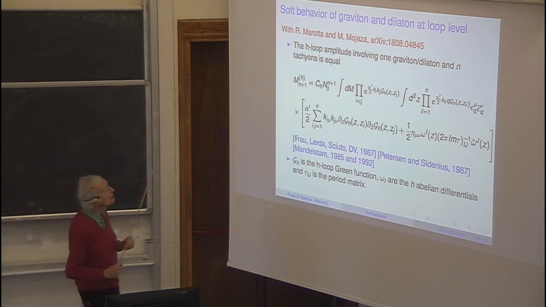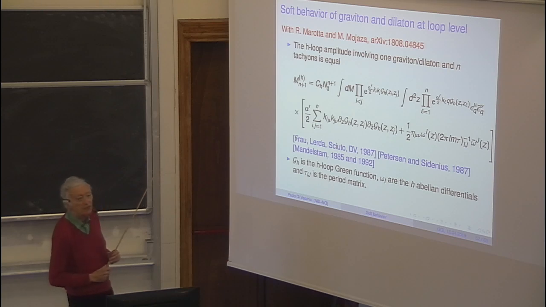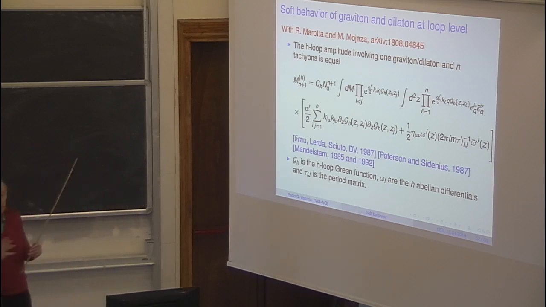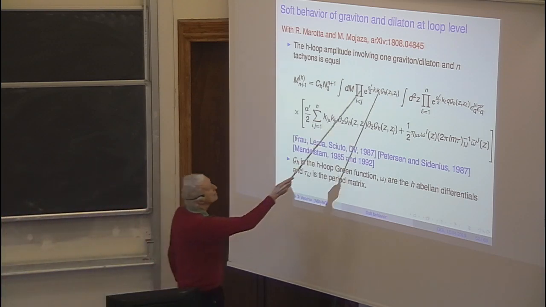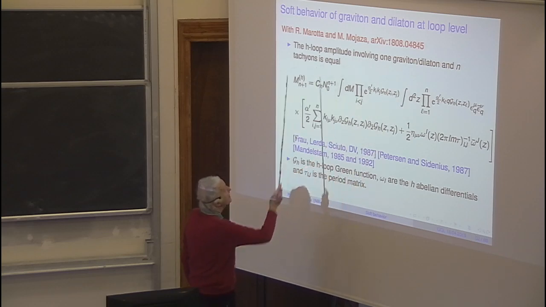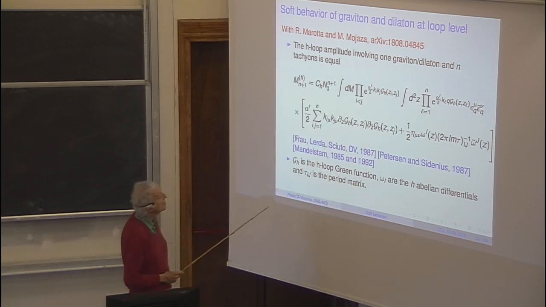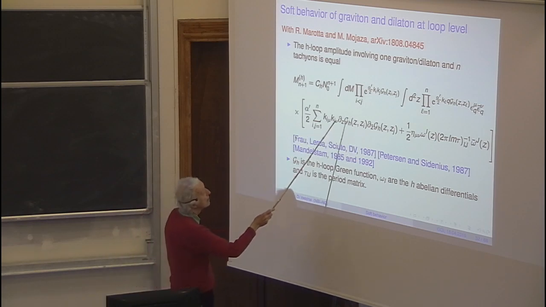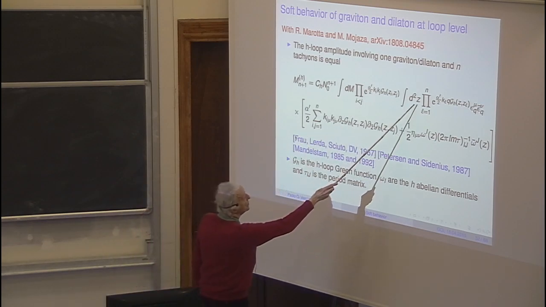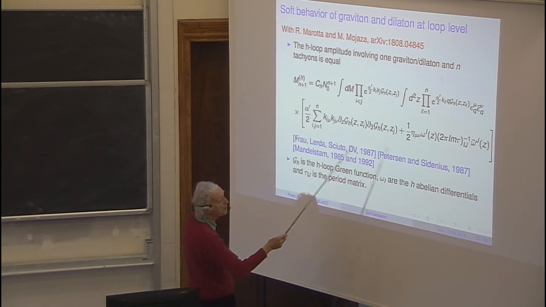So let's go to multi-loop. And now in the bosonic string, you can write in a very explicit way the multi-loop amplitude for any physical state. Here I wrote it for one graviton, dilaton, and tachyon. And this is given by this expression where Z is the Koba-Nielsen variable of the particle which will become soft.